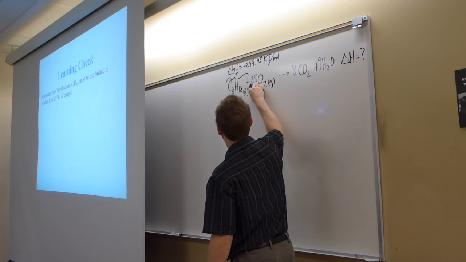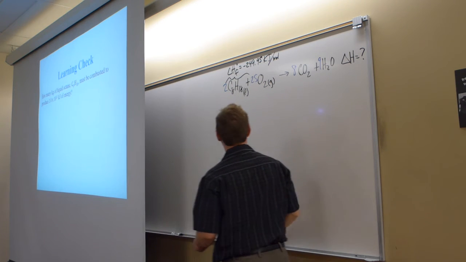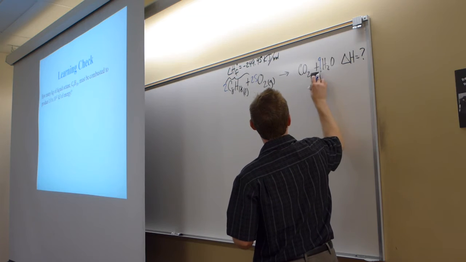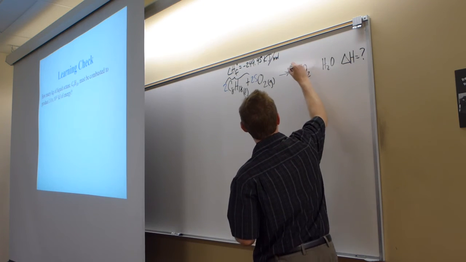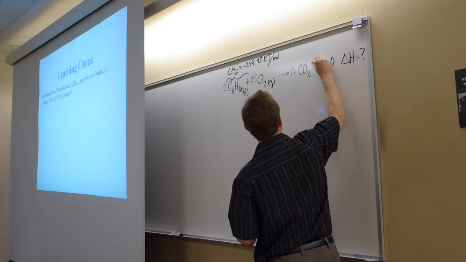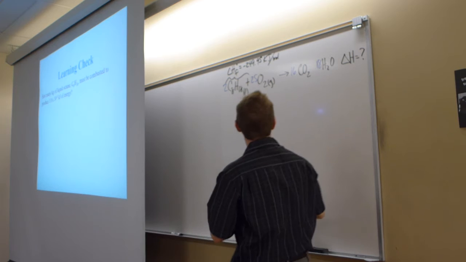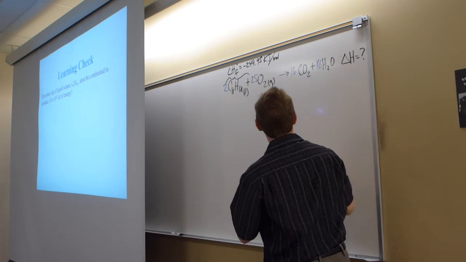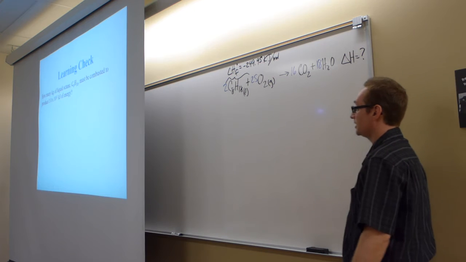So I'm going to go ahead and get rid of that: 2, and multiply that by 2, and these by 2. Okay, so we have a balanced reaction.